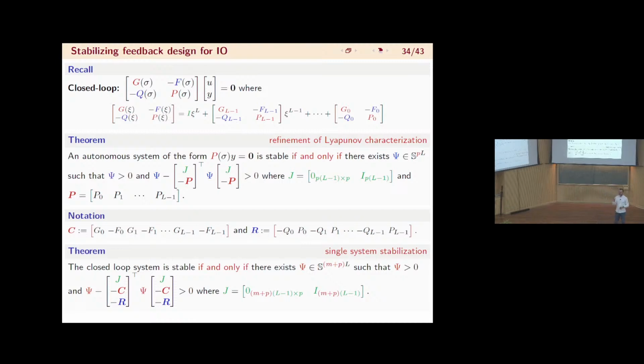And this is the design problem for a given single system. R is given. I want to find a psi and C, psi positive definite, satisfying this matrix inequality. And it is not a linear matrix inequality. Why? Because C and psi are unknowns, and I have terms like C transpose times unknowns times C again. I have quadratic terms involving unknowns.